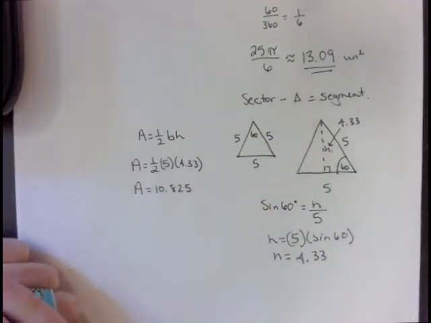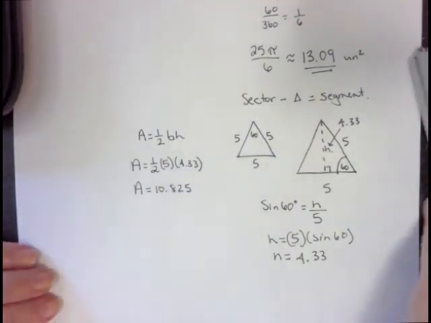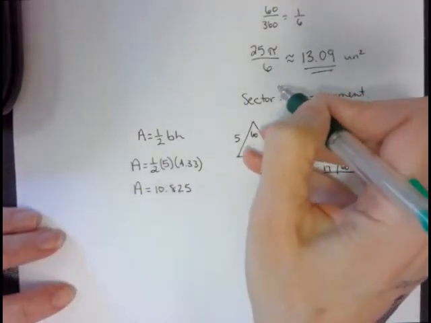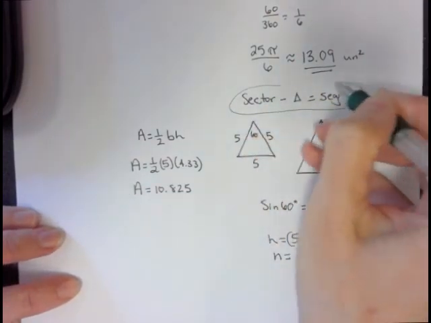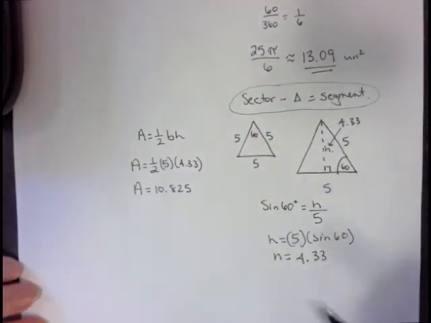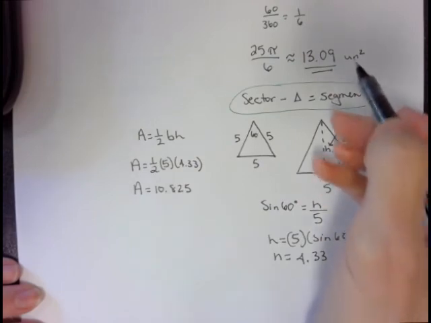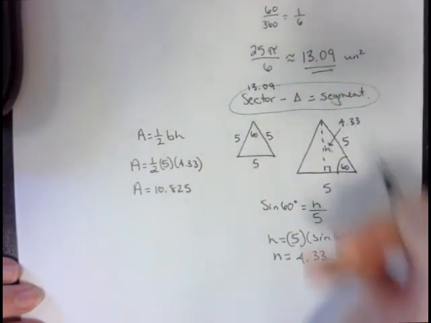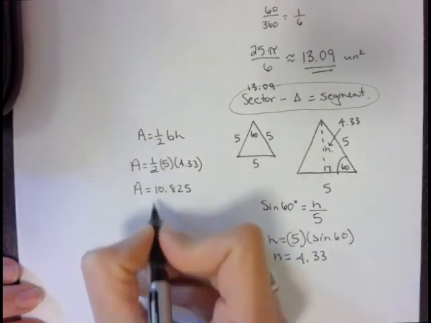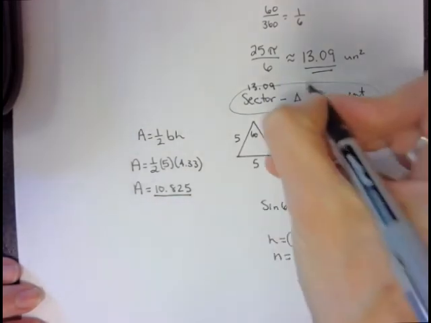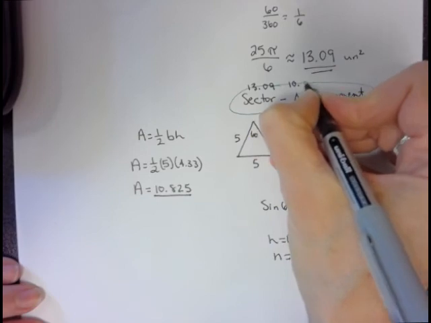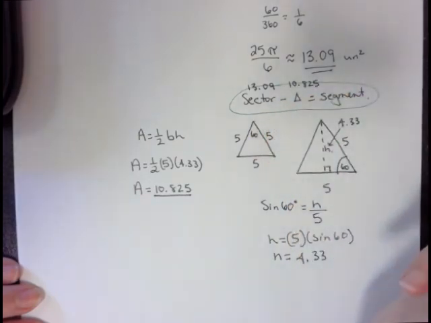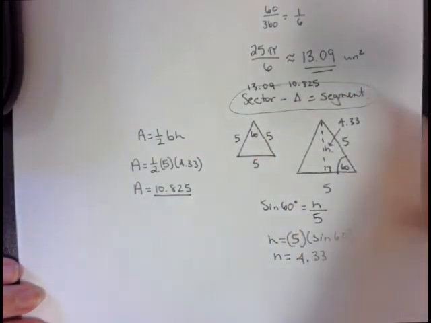So the question is, what is the area of the segment? I'm going to go back to this statement right here. If we know the area of the sector is 13.09 square units, and the area of the triangle is 10.825 square units, then the area of the segment is going to be the difference of those numbers.